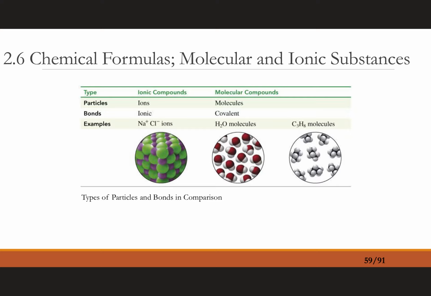And we'll talk more about those later on, so don't worry about it too much here. And you see some examples. Sodium chloride or table salt is NaCl. Water's H2O. C3H8 is propane, like the gas we use in our grills.